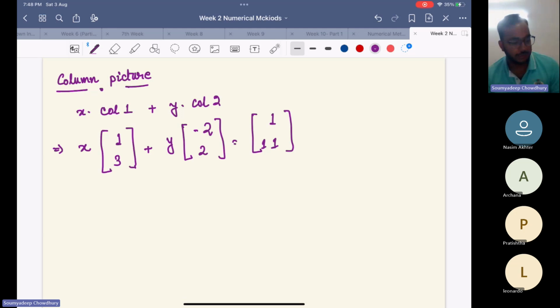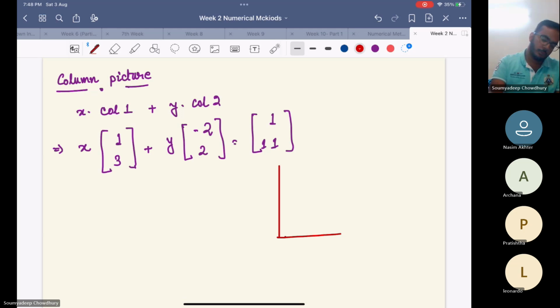If we represent it like this, what does it basically mean? It is just a way of writing the column picture and row picture, a way of simplifying our notation. What we are trying to understand is what this x and y actually mean. So we will try to draw it on a plane.